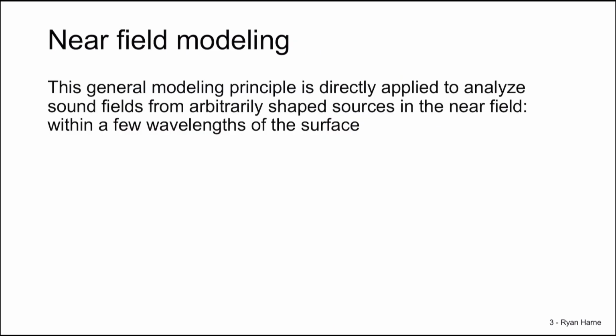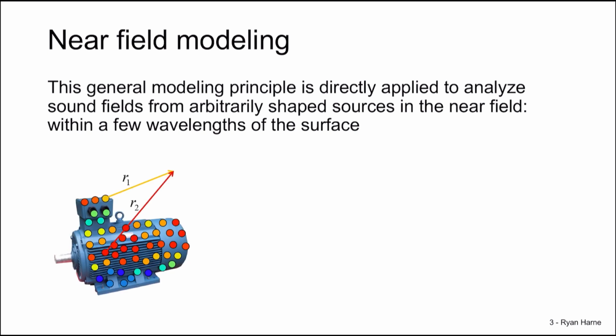This modeling principle is directly applied if we wish to analyze the near field. In other words, sound fields only a few wavelengths from the vibrating surfaces. Take, for instance, our generator.